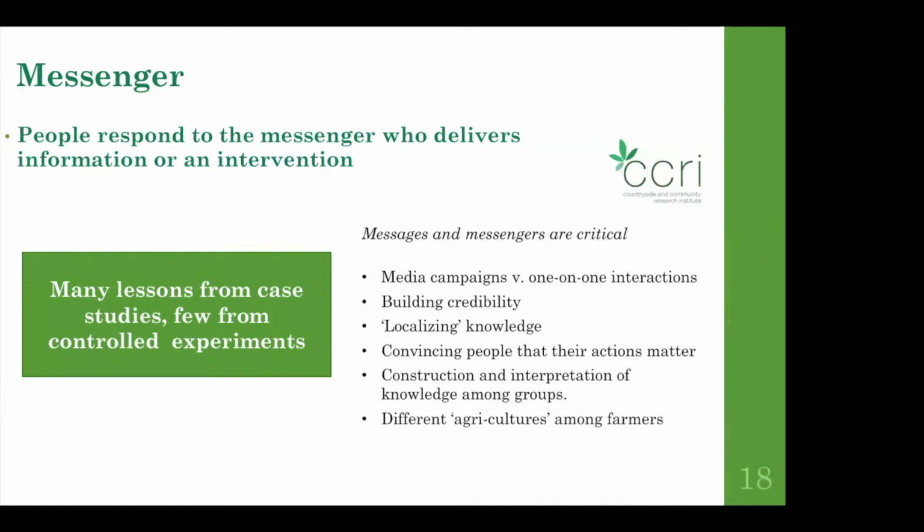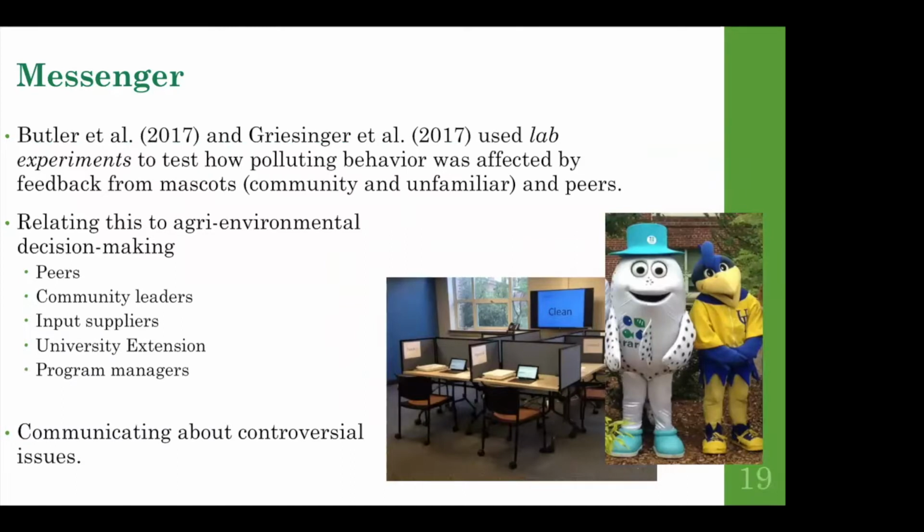So when I looked to the agri-environmental literature for those types of studies, I really identified two. These are laboratory studies with students. They're quite unique, as you can see here.